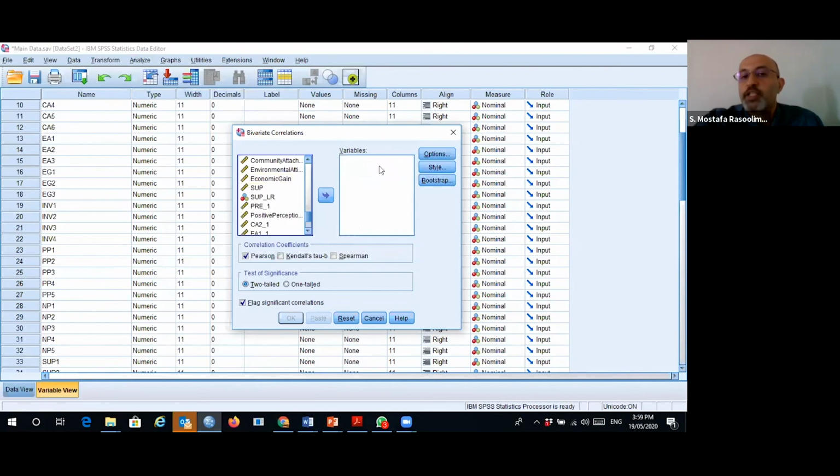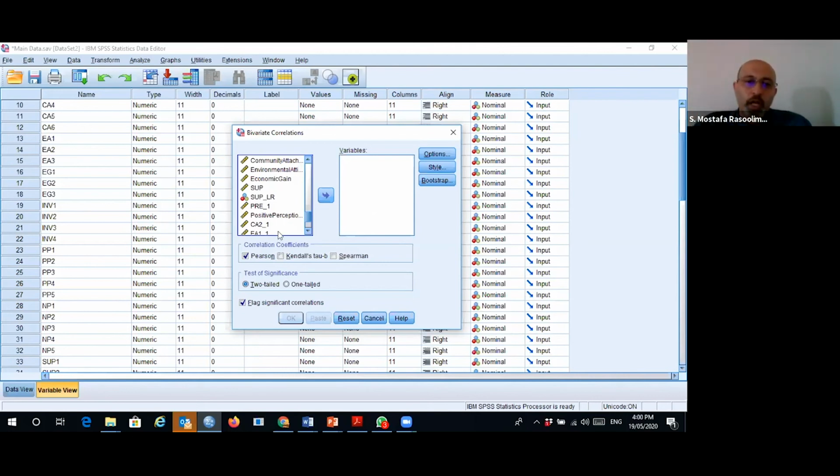In this box, we need to transfer all variables that we want to check correlation for. If we transfer two variables, we can only see the correlation between two variables. If we transfer more than two variables, we can see correlation between different pairs, right?